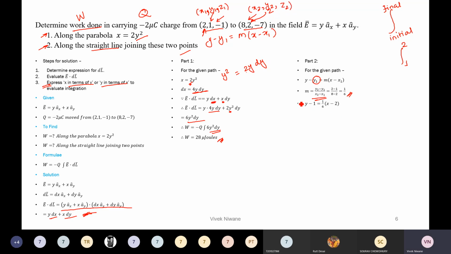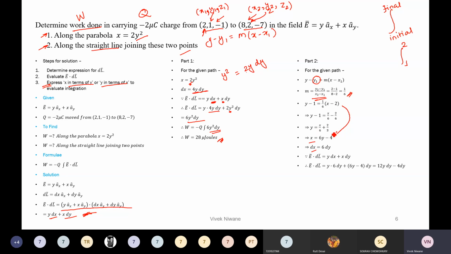So we can now rewrite the expression so that we end up with x is equal to 6y minus 4. Just rearranging, nothing else. Rearrangement, fifth standard mathematics. So we can say that dx is equal to 6 dy. Now we can use these two terms and put them into the expression of E bar dot dl bar.